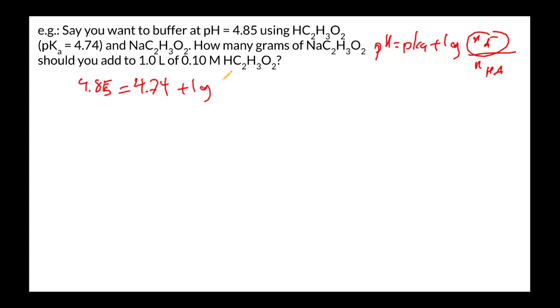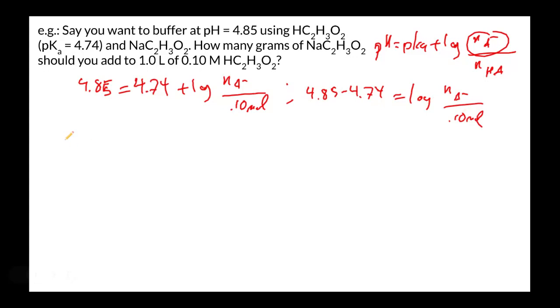And we know that the number of moles of HA here, acetic acid, is 1 liter at 0.10 moles per liter. That's 0.10 moles. Let's take 4.85 and subtract 4.74. That's going to be equal to the log of the number of moles of acetate ion over 0.10 moles. If we take 10 to both sides, it's 10 to the 4.85 minus 4.74.